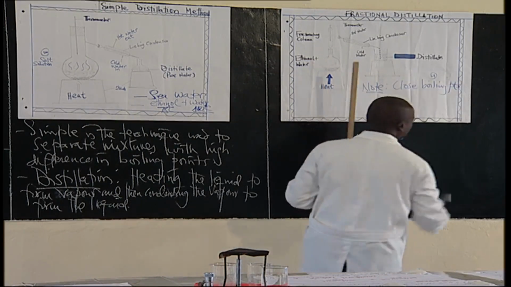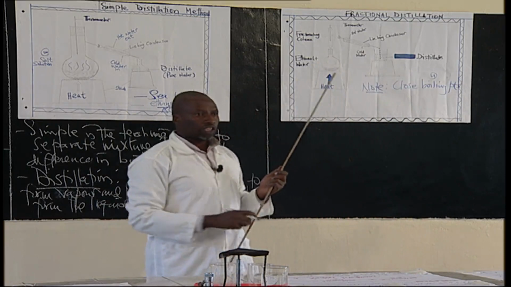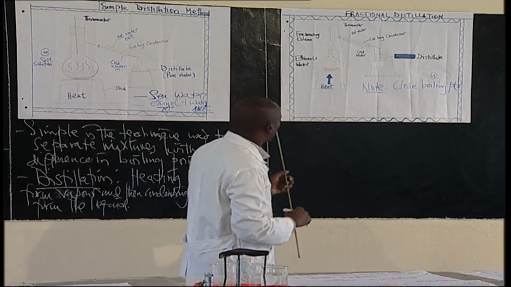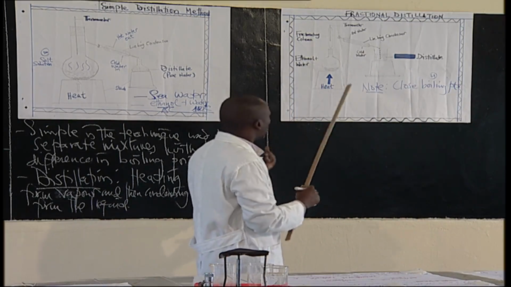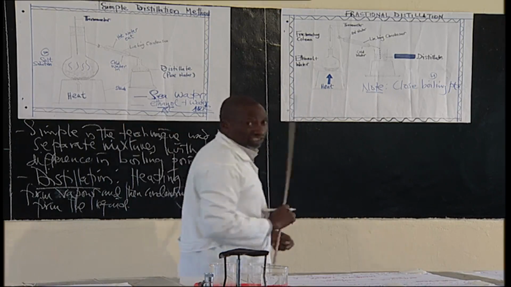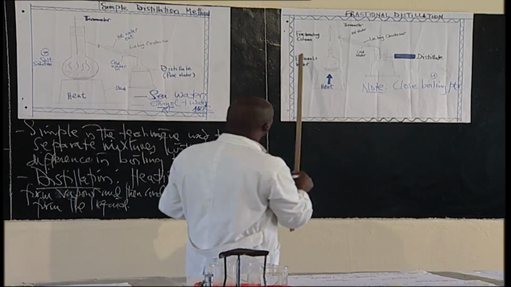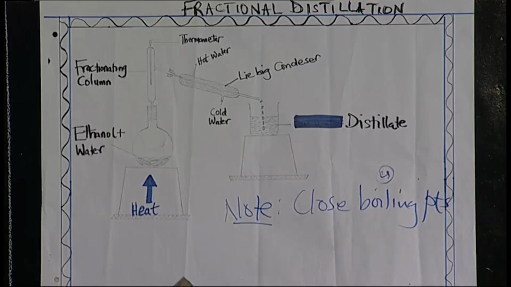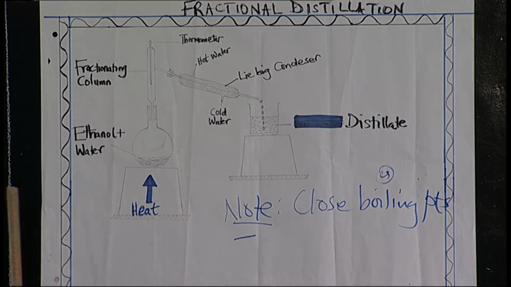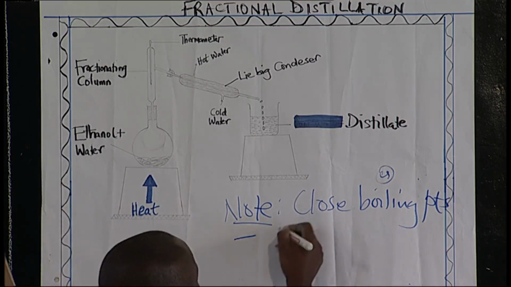Ethanol would not be the best example, because even simple distillation can work on ethanol, and even fractional distillation can also work. But here we have the fractionating column, so probably this method works best when you have substances like components of air.